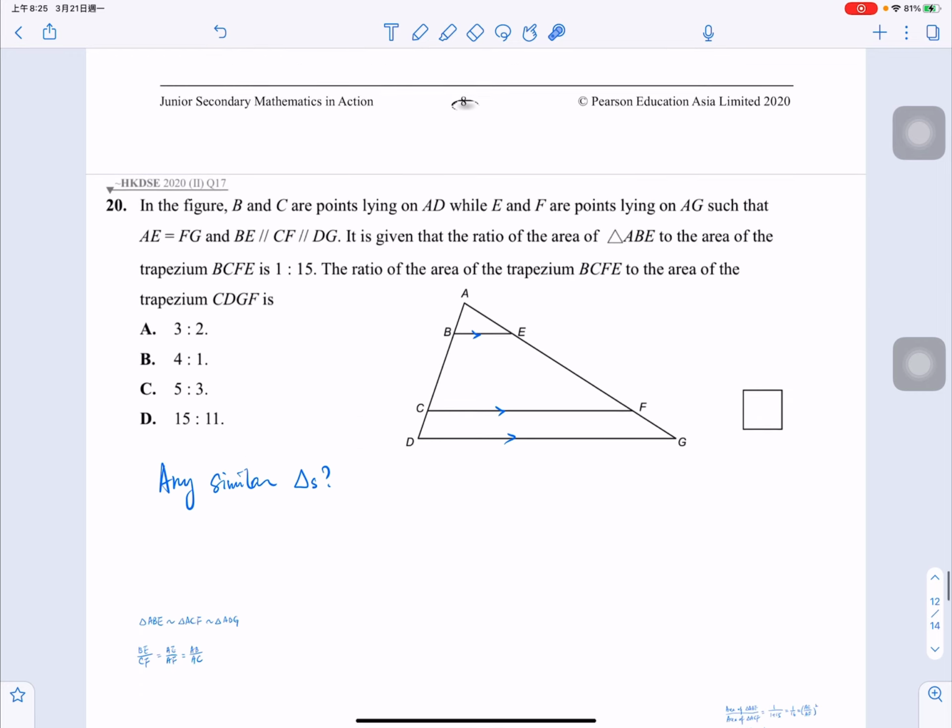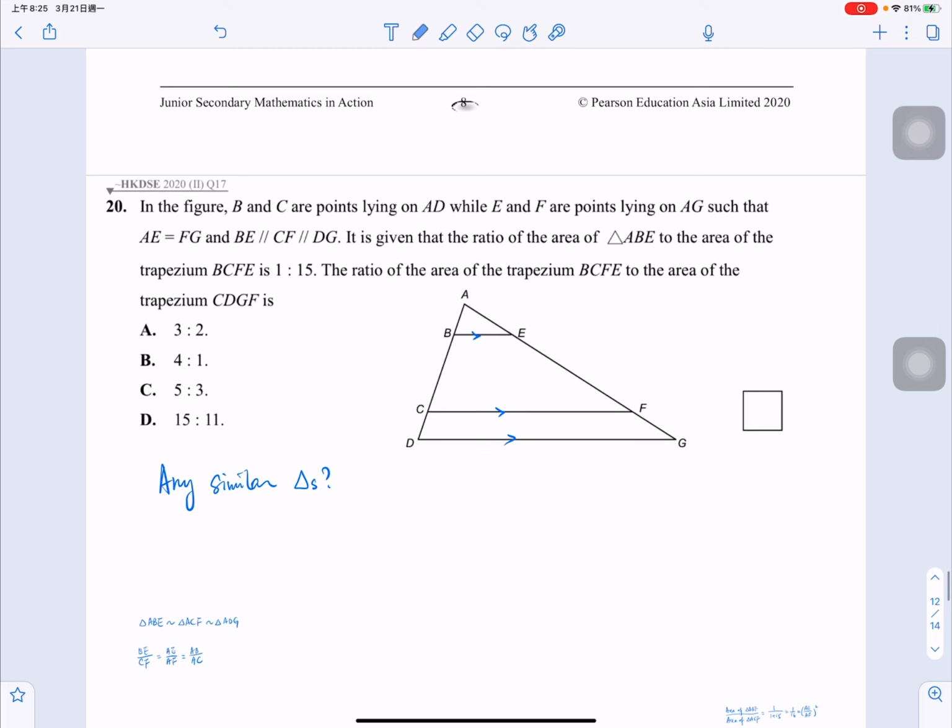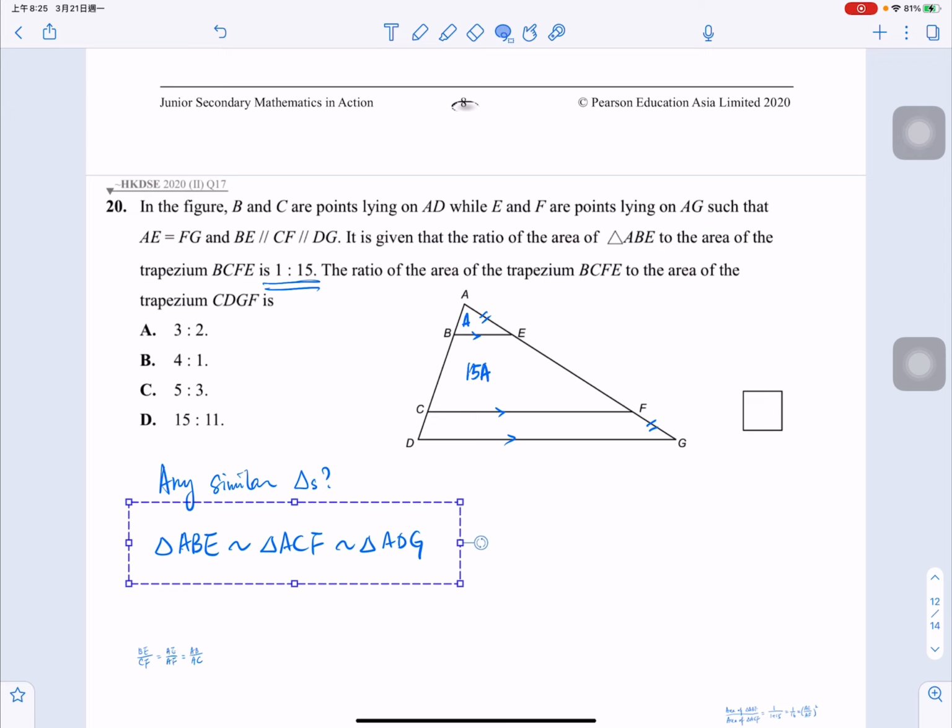Okay, let's see. Just now you know that this one is A, and you know that this one is 15A. If here is 1 to 15, you can think of it as this one is A, this one is 15A. The first question again, and the similar triangles, just now I asked you already, so you know these three are the similar triangles.